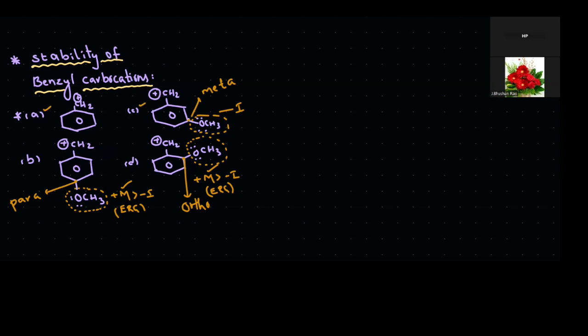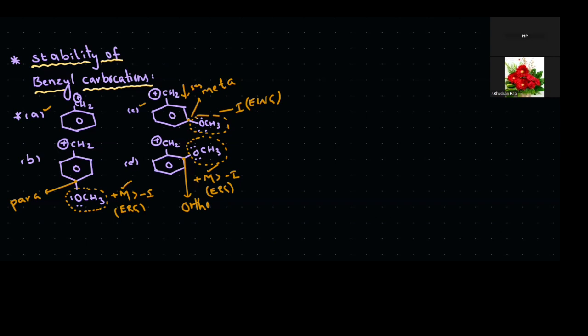So this is a minus I, an electron withdrawing group only. That means the carbocation density decreases. Density decreases means this is the least stable carbocation.